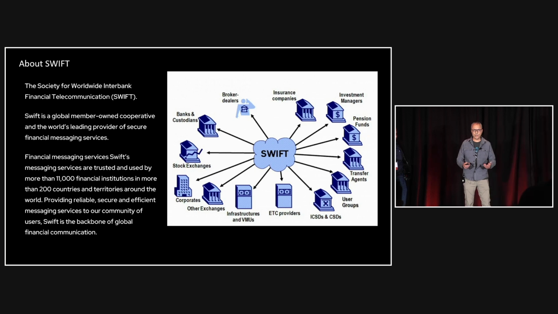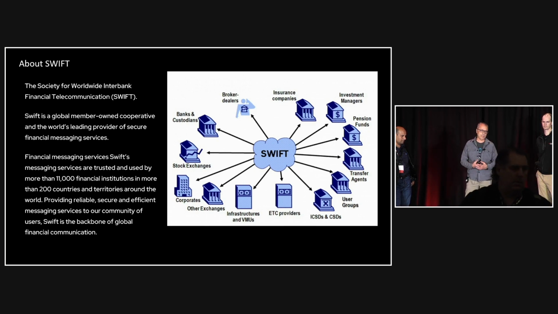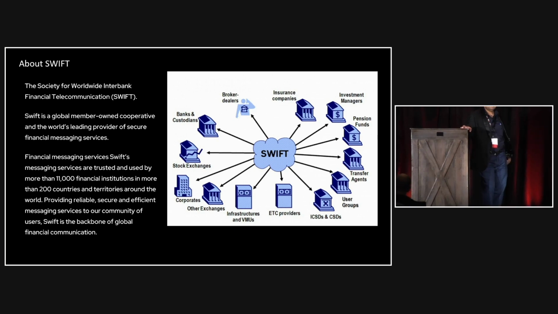We provide global secure financial messaging services. We are used by more than 11,000 institutions and in more than 200 countries. We provide secure, reliable, and efficient financial messaging services. We are literally the global backbone for financial communication. I hope that gives you some introduction.